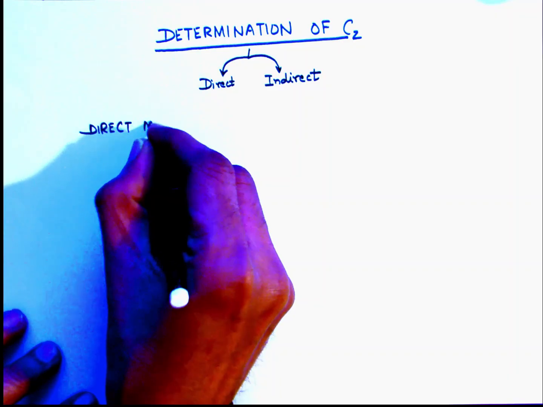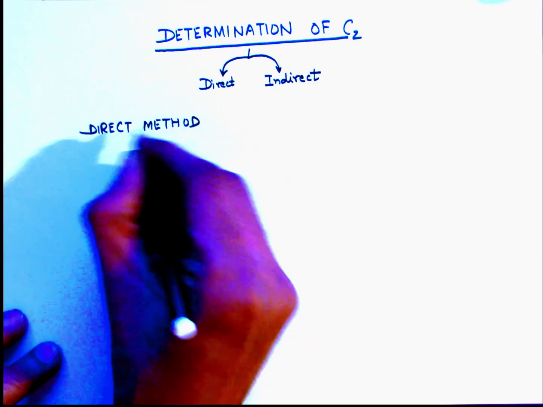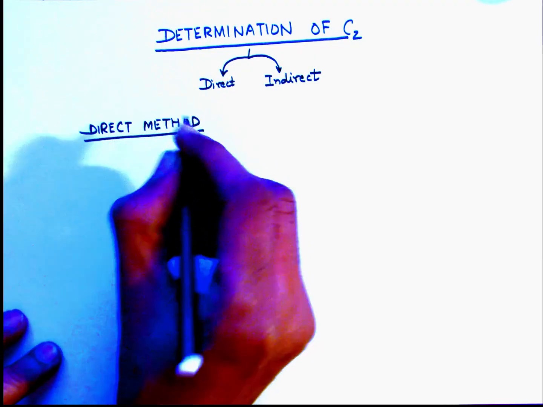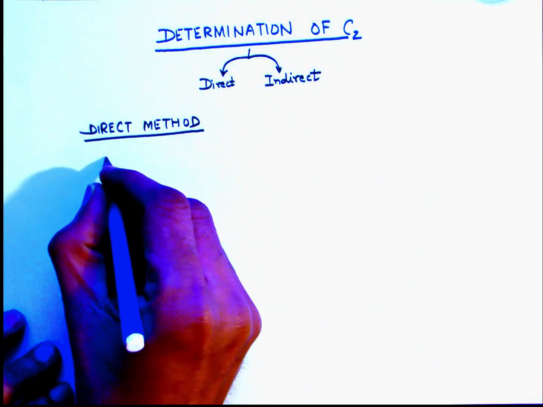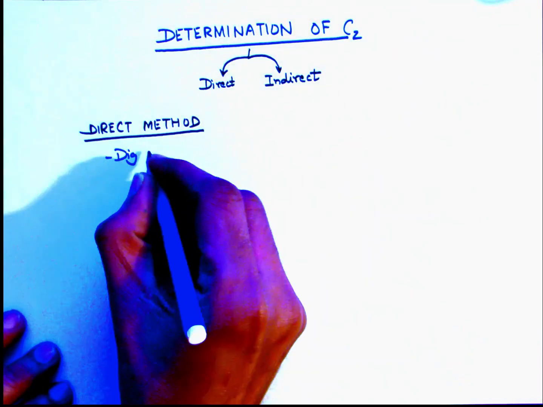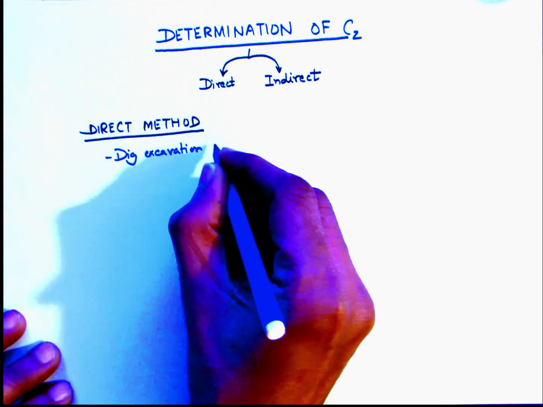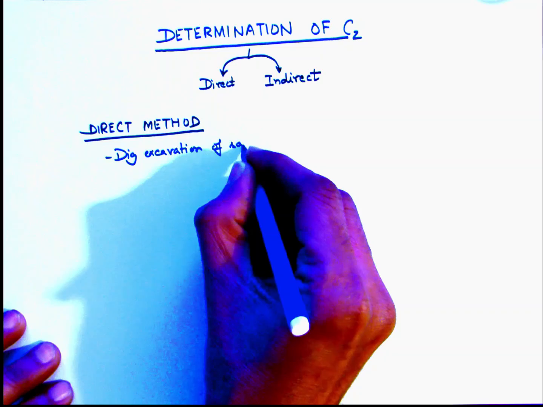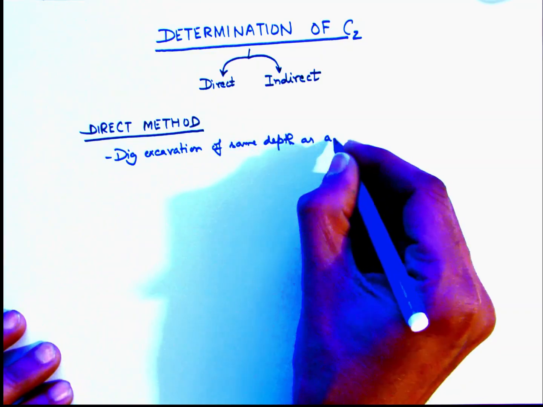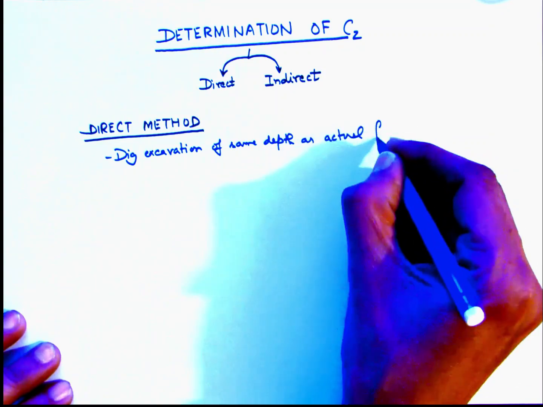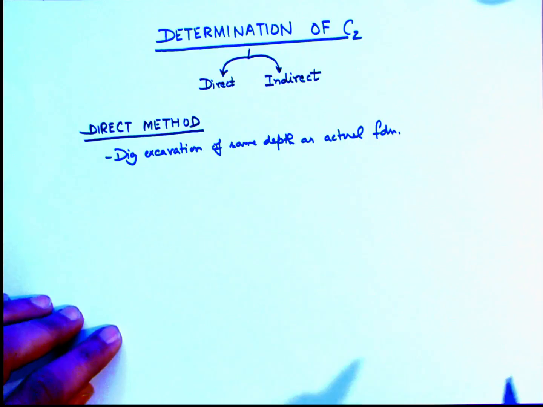Now, some of the preparations are the same for both the direct as well as the indirect methods, and they apply to both. So essentially the first step is that we have to dig an excavation at the actual site where the machine foundation is proposed to be installed, and it should be dug to the same depth as for the actual foundation.